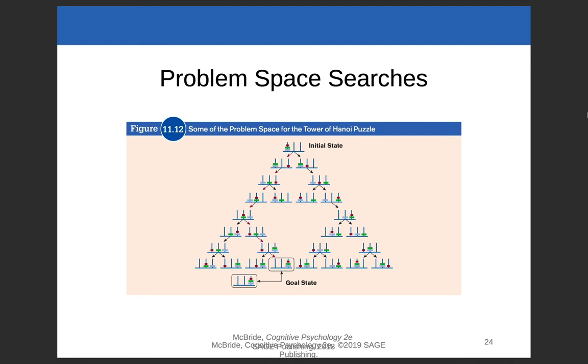But this is a very simple example of a problem that has a well-defined, single answer. In other words, I've got to get all the disks over to the opposite peg, and it uses an algorithm.